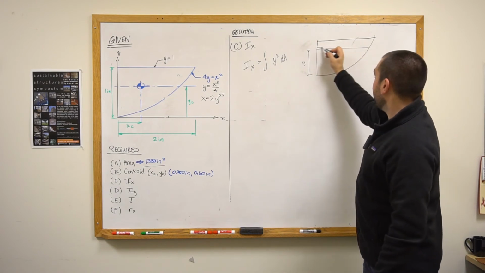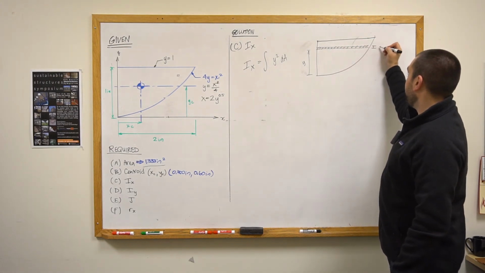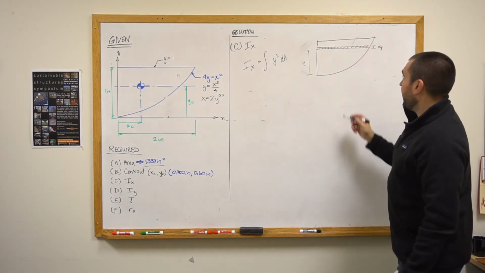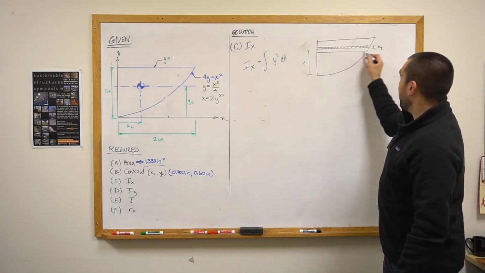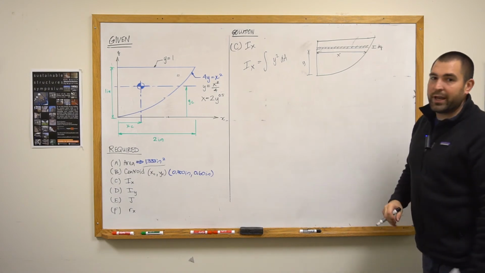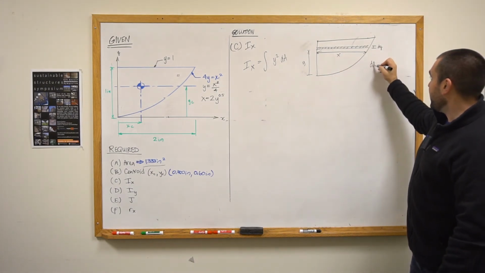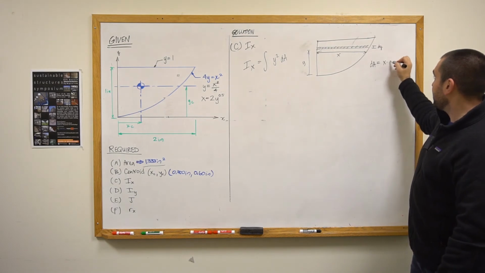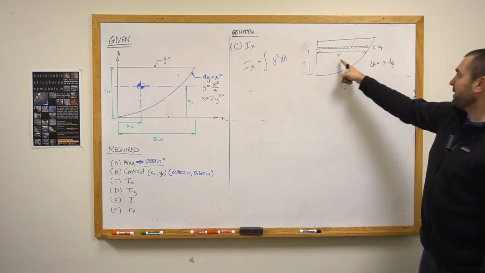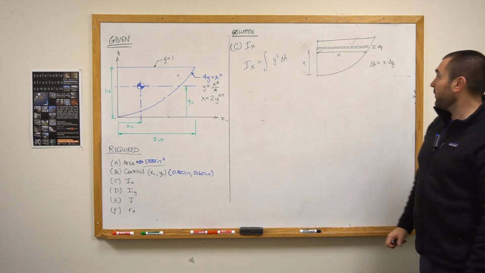Now I've got my slice here. It has a differential height of dy, and we need to figure out what the width is. Again, commonly just called x, but in dA equals x times dy, x is simply the width of this shape right here.